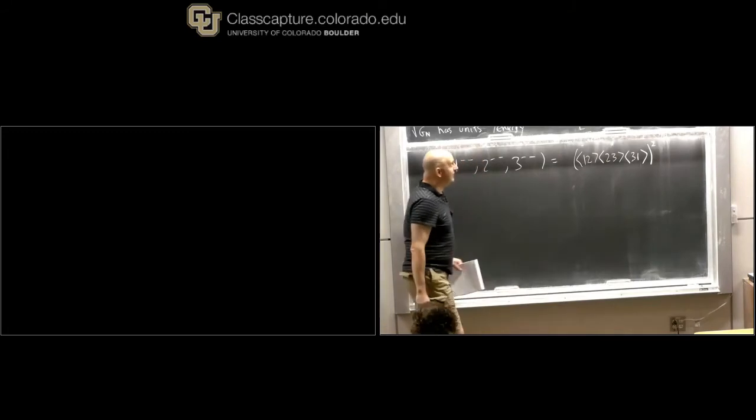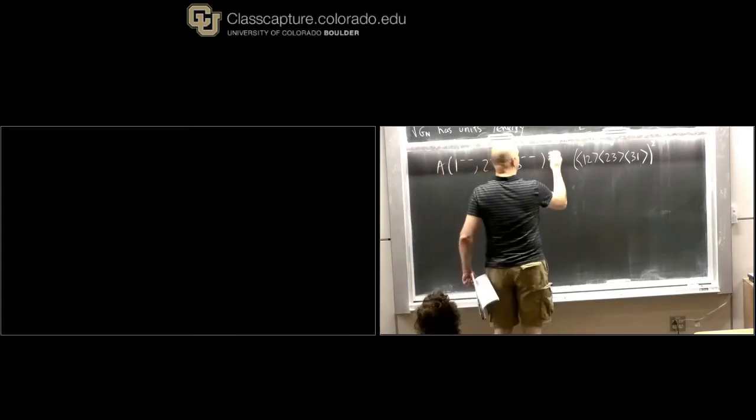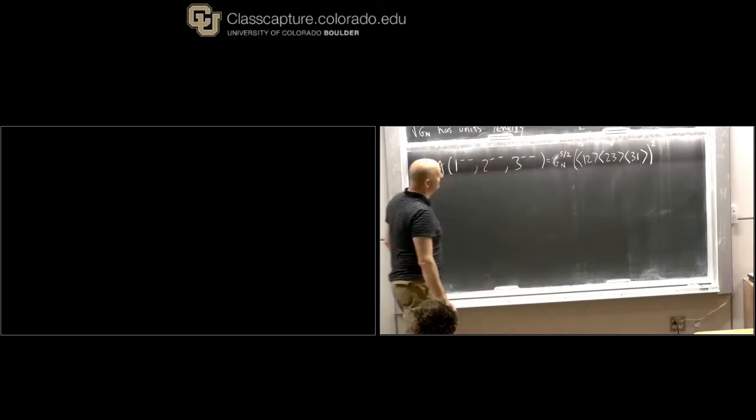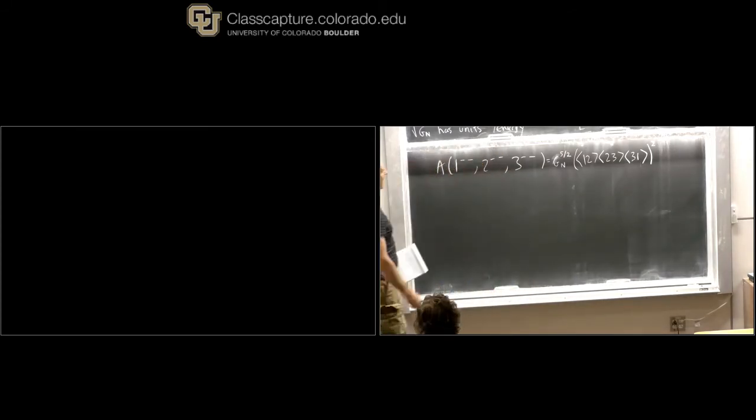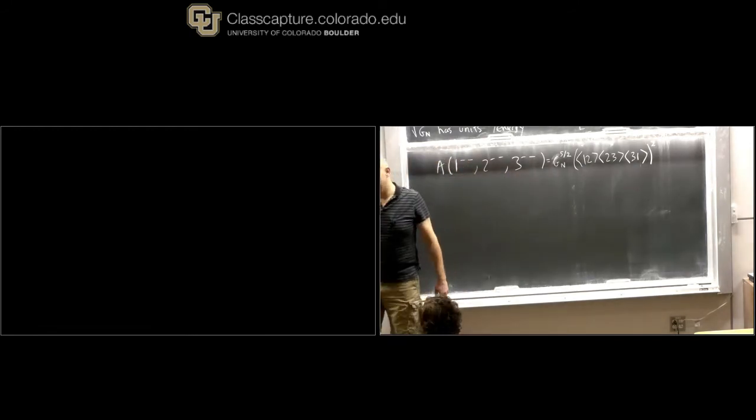This has units of energy to the 6th, so we need something here with units of 1 over energy to the 5th. So we would need here G Newton to the 5 halves, for example. But your question really is about how do we know that this coefficient is 0 in pure Einstein gravity? And I don't have a quick way to argue that right now.